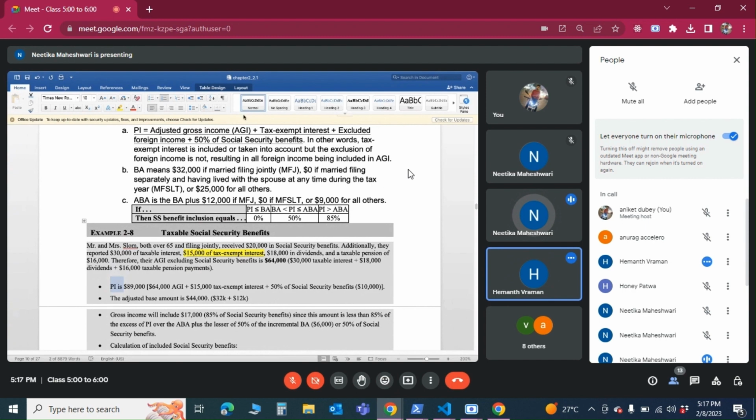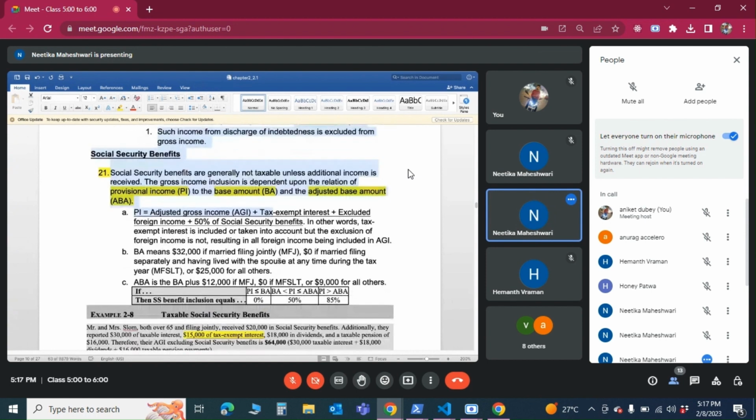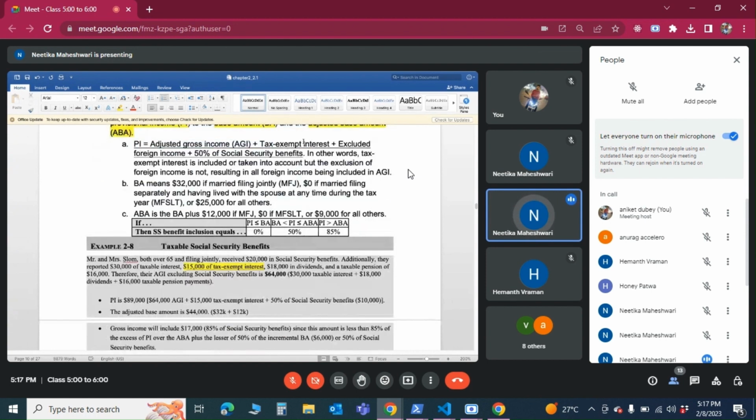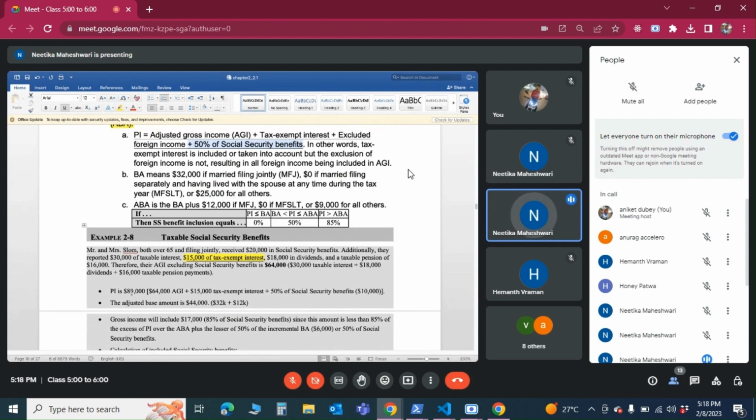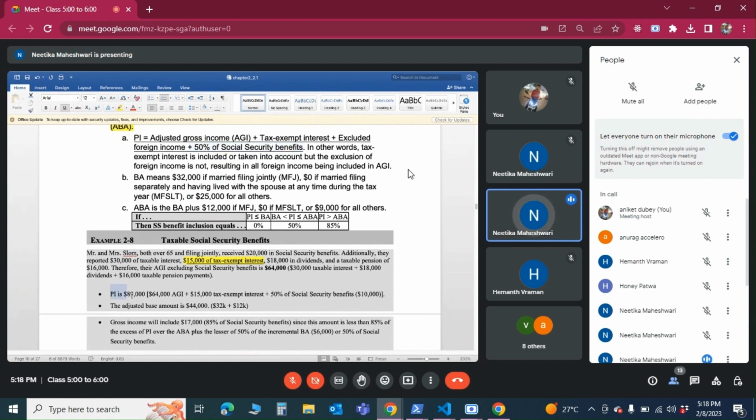Correct. So now we are adding to the AGI the tax-exempt interest of 15,000. There's no foreign income here, so you can just ignore this part, plus 50% of social security benefits. So we'll take 10,000 now, right? This is how we take PI to be 89,000.